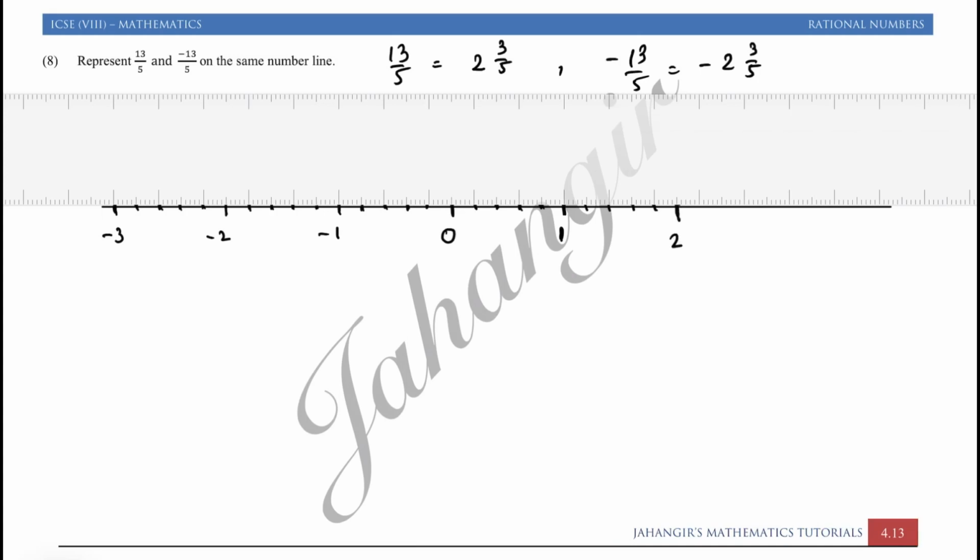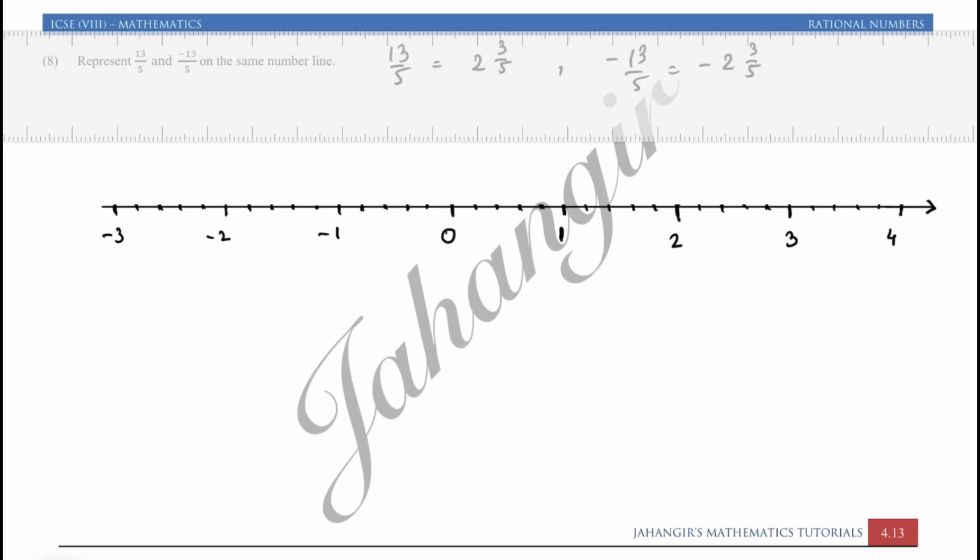This is 2. 1, 2, 3, 4, 5. This is 3. 1, 2, 3, 4. This is 4. If you want, you can extend it. So I will just put arrows on both sides.